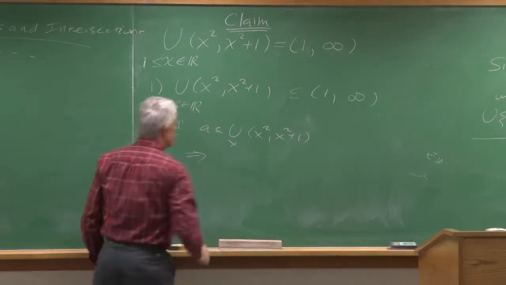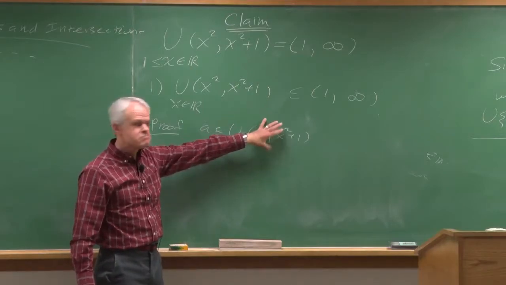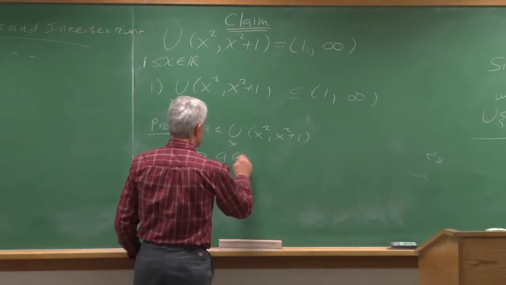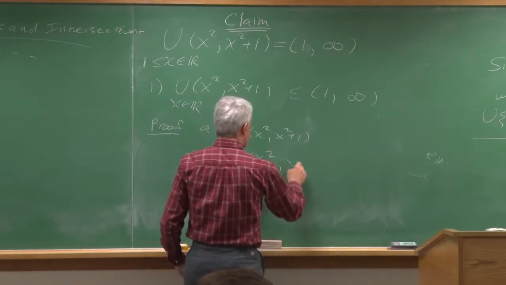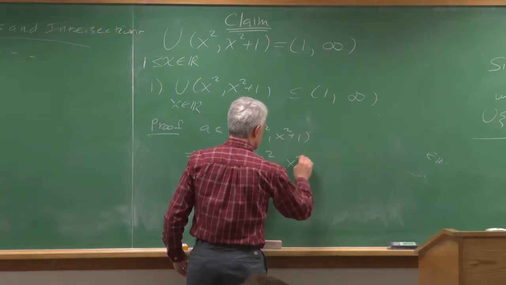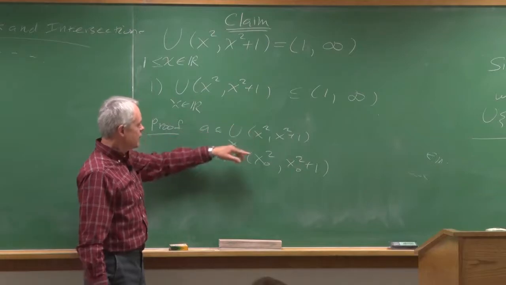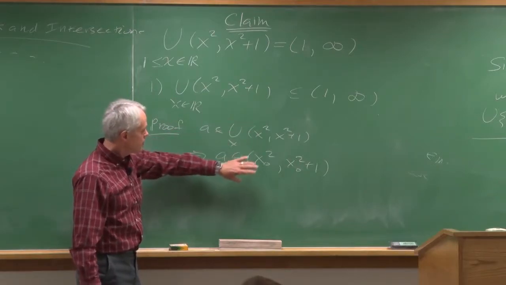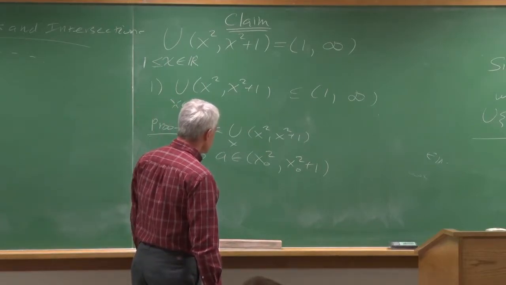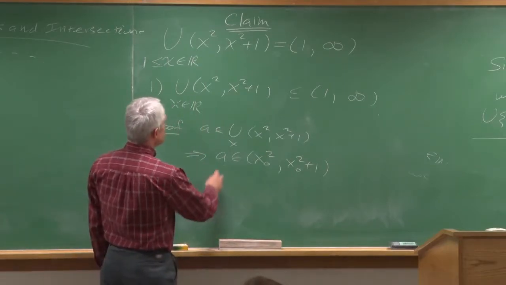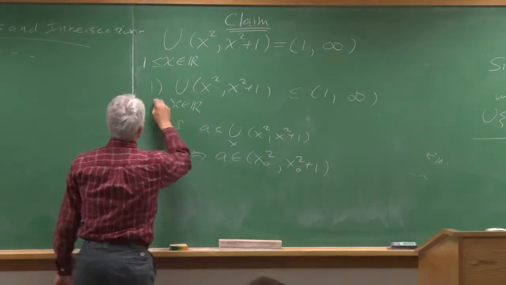Well, if it's in the union, it means there exists one interval that it's in. If you want to emphasize that there's a specific x that we end up in, then I'll call it x naught. I wanted it to be greater than 1, right?